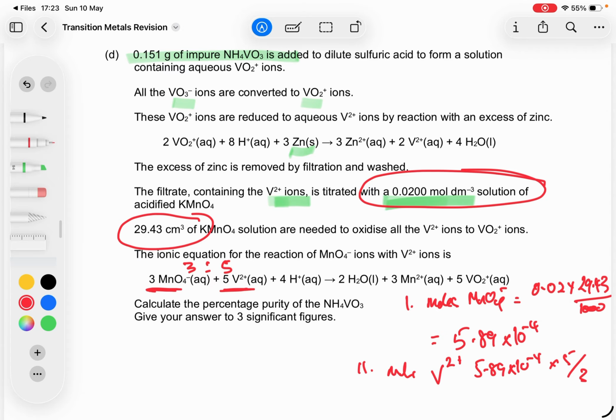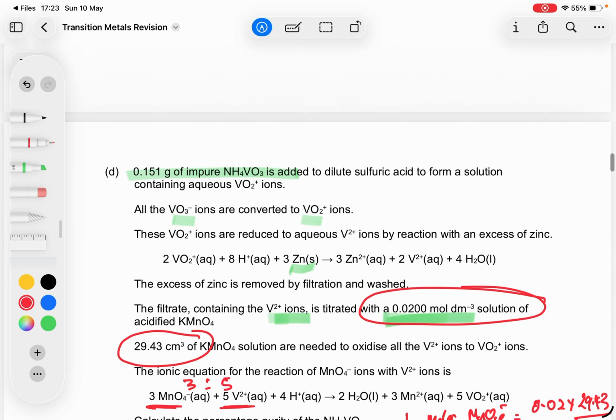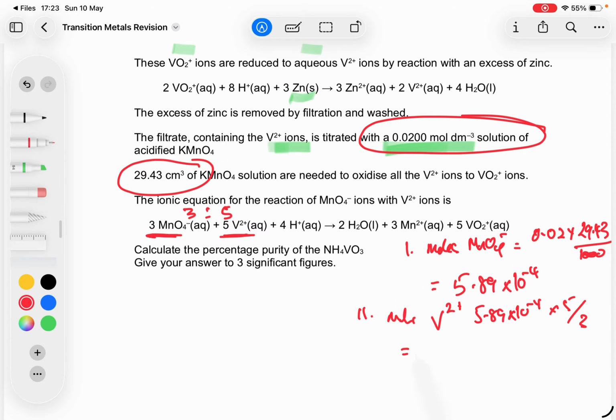Again, is the solution of 250? There's no mention of 250, so we don't need to multiply by 10 here. We just get 9.81 times 10 to the minus 4 moles. Calculate the percentage purity.